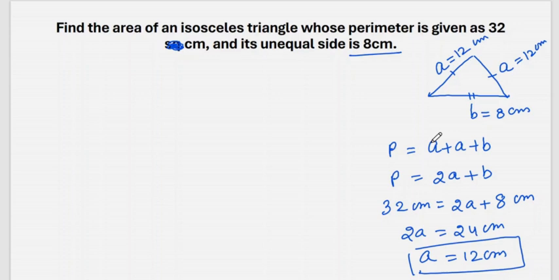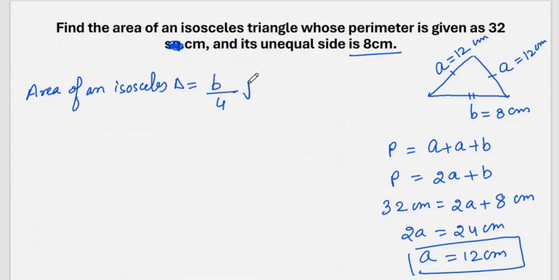Now we are going to use the formula to find the area of the triangle. So what is the formula for finding the area of an isosceles triangle? So write down in your copy, area of an isosceles triangle equal to B by 4 under root 4A square minus B square. Okay. So it is B by 4. So what is the value of B? Value of B is given as 8.